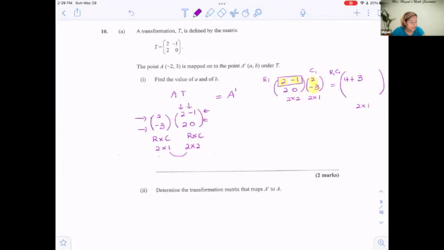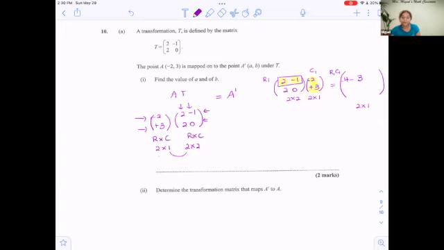First element with the first element. This is -2. So this will give me -4. And this is +3. So this will also give me -3. All right, so we just want to make that correction, it is -2, 3.